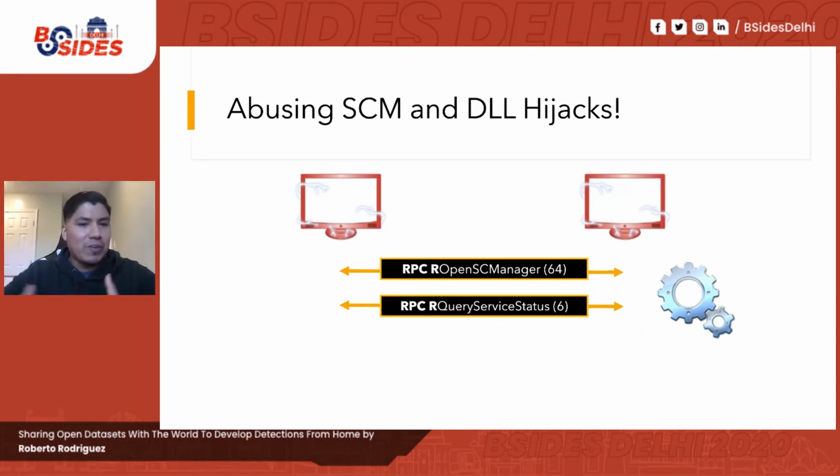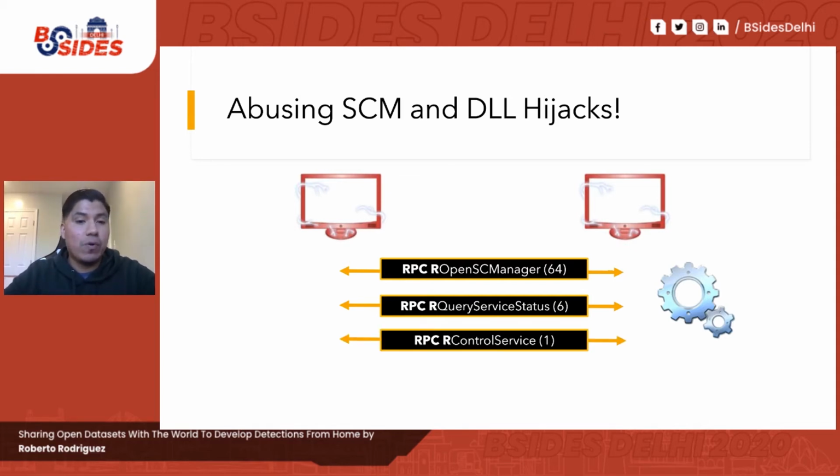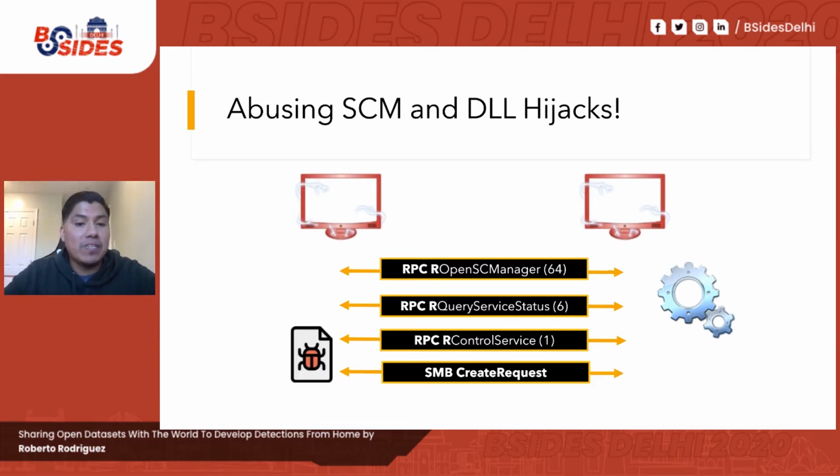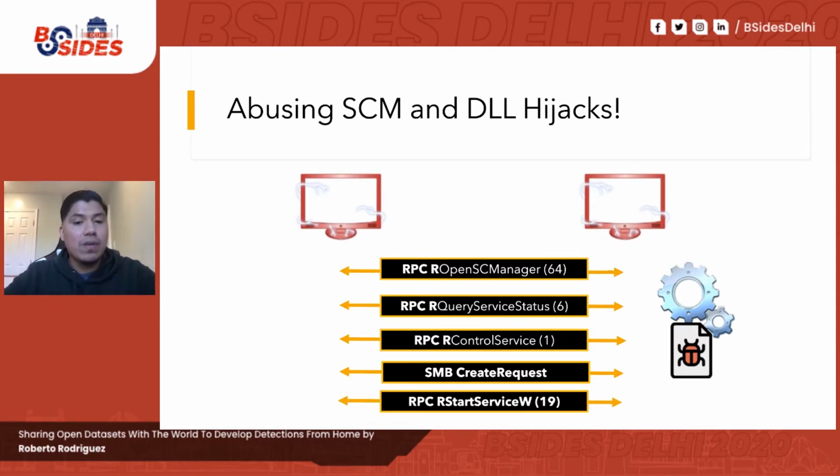And then it starts interacting with this other computer through RPC, for example, getting a handle to the SCM and trying to query the specific service that it wants to do the DLL hijack for, and then stops the service. So you can do it with a control service RPC method, and then you use the SMB create request session in order to copy that DLL that the service is going to actually look for and execute. And then at the end, you start the service, right?